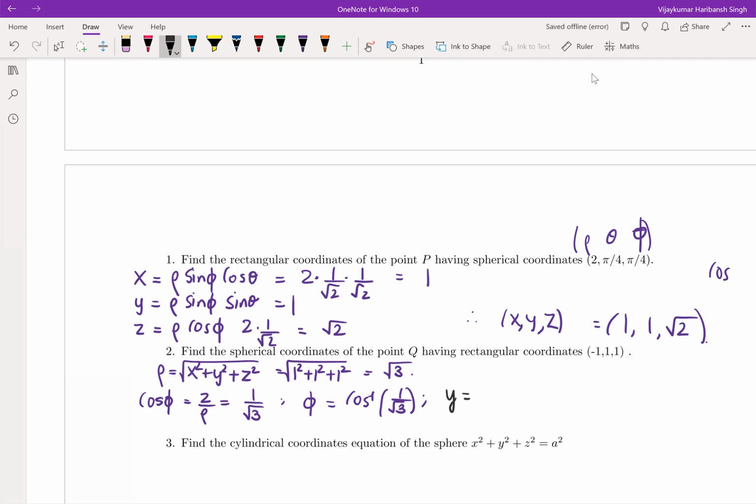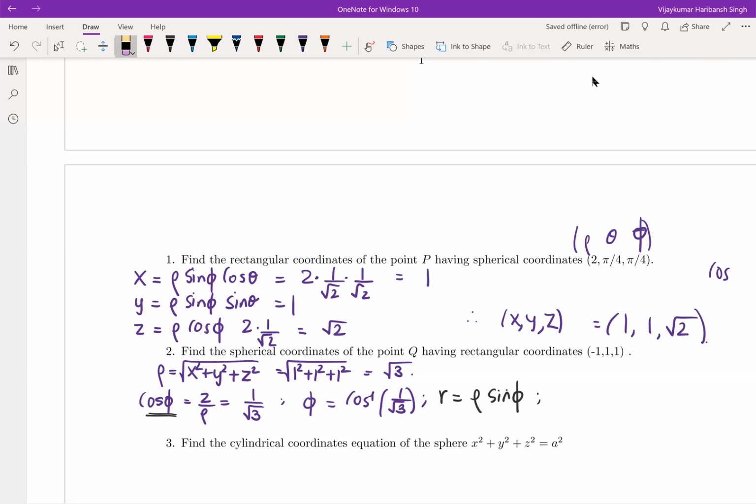So y equals rho sine phi sine theta. So I was thinking about going through rho sine phi, but we can ease the mechanism.